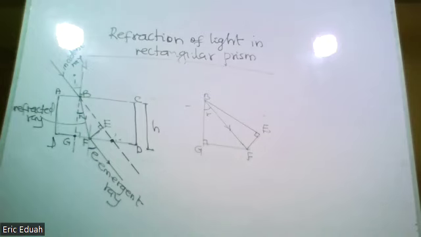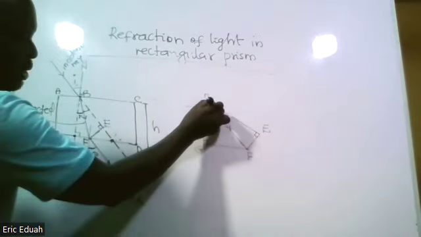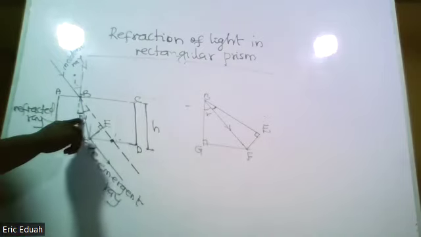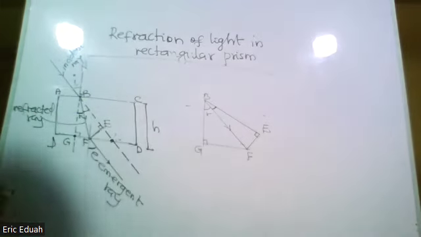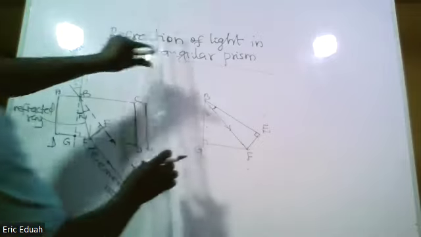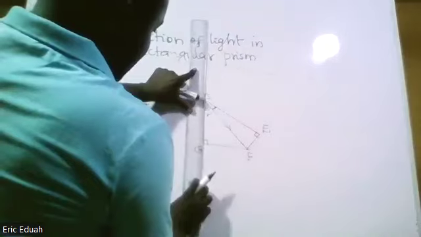Now, I want you to tell me what this small angle is. If this is R, and when I extend the normal here, you use this to relate.